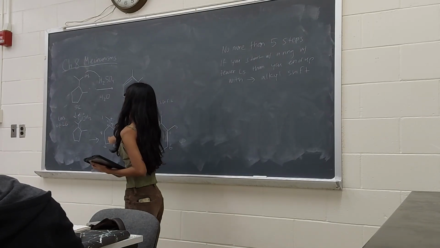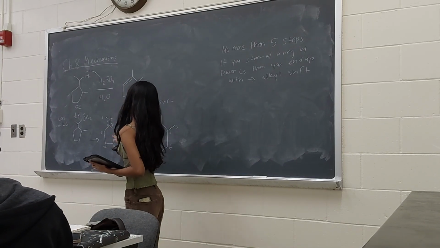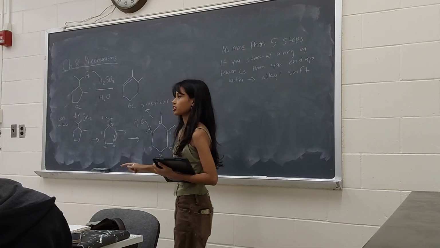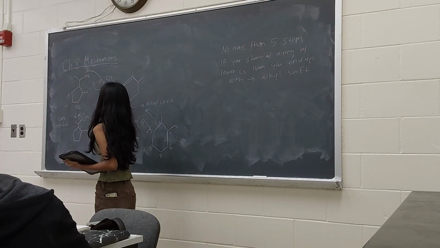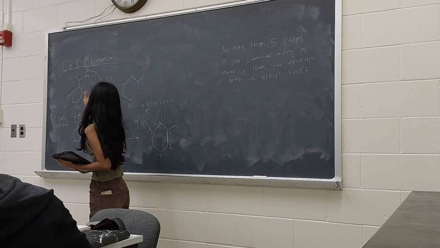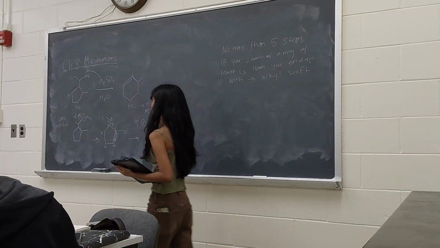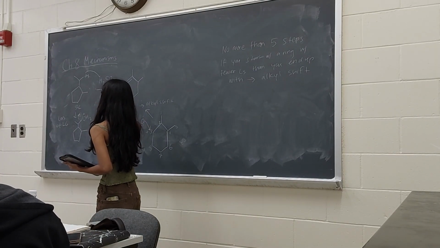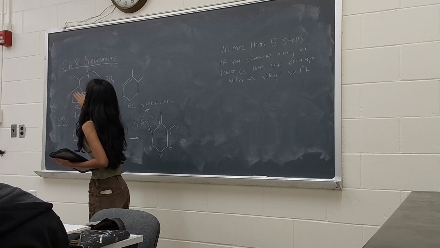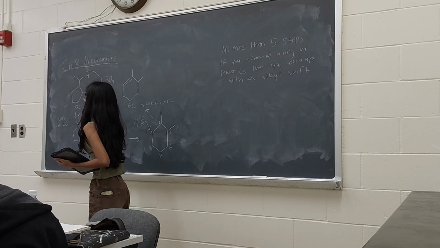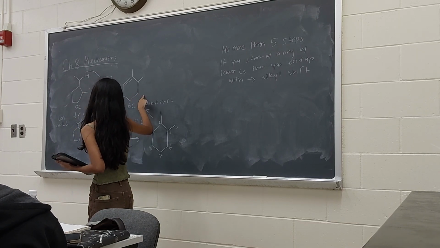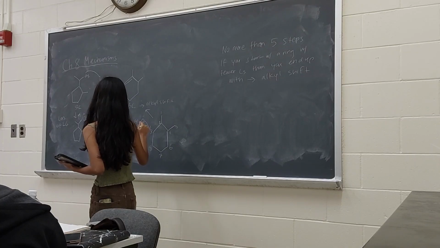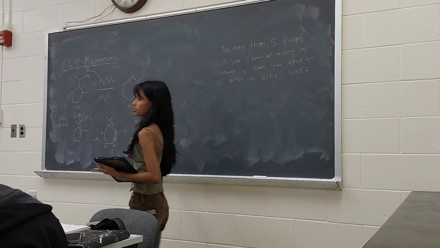So we're going from a pentane to a hexane, because that's what we were given, right? This will turn into this. So always make note of that when you're given mechanism problems. Make sure if this one has fewer carbons than this one, then you'll know you'll have to do an alkyl shift.